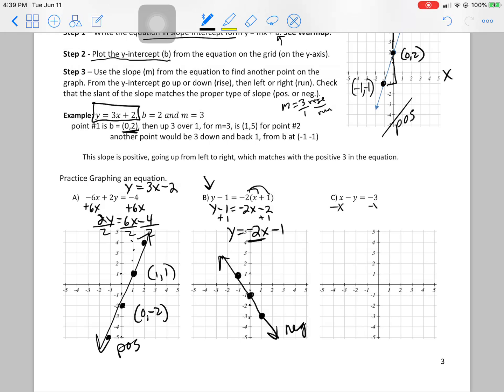This one's not in the right form. Get rid of that negative. Excuse me. So y equals x plus 3. Our slope is 1. Our b is a positive 3 again, so that's here. And then up 1 and over 1, or down 1 and back 1.